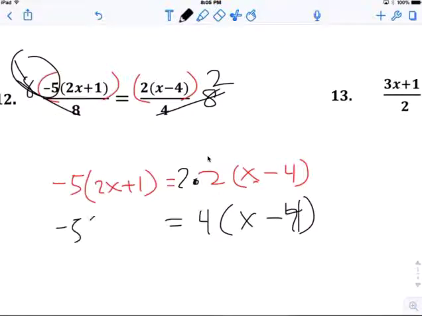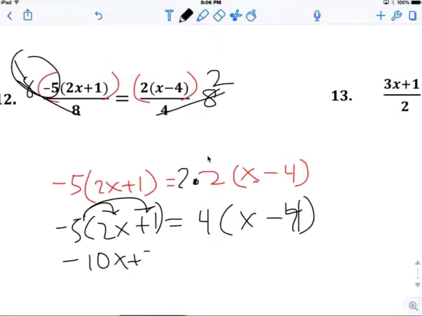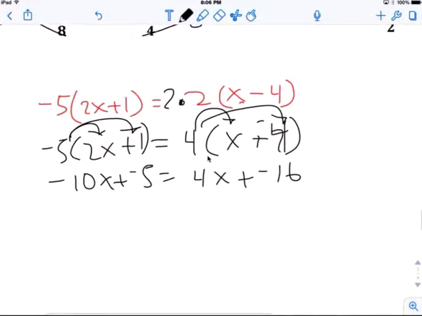Negative 5. 2x plus 1. Distribute negative 10x plus negative 5, 4x plus a negative 16. Okay, the smaller of the two variables is negative 10x.